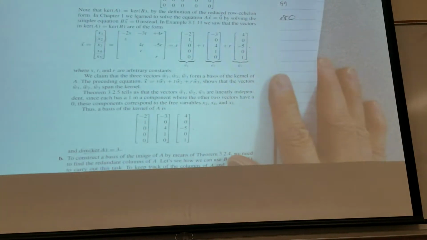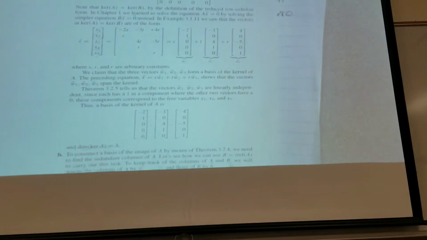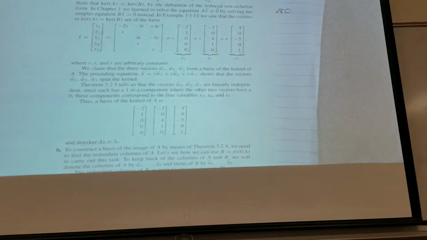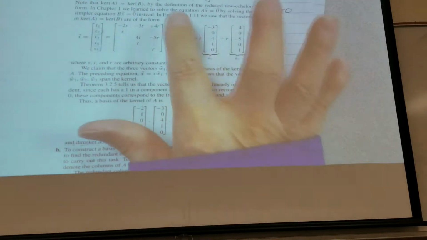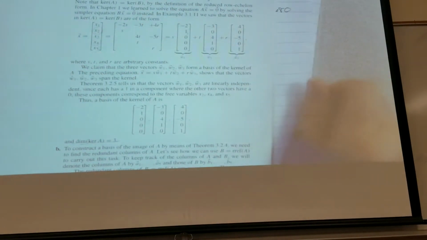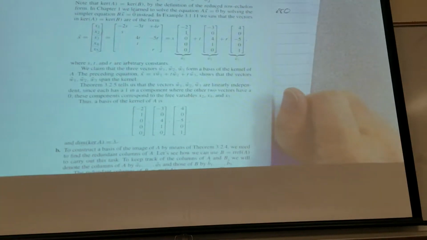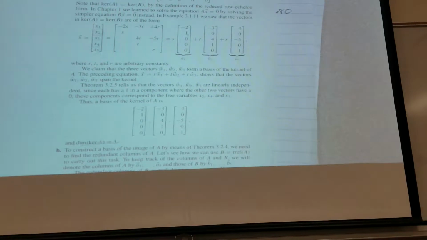So what do we see here? The first column is 1, 0, 0, 0. The second column is 2, 0, 0, 0. Remember, we need to solve this system. Now, how many leading ones?